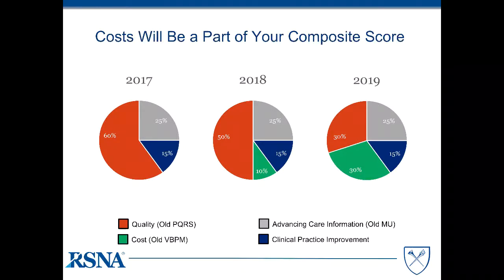This is where the incentives from broader policy initiatives will increasingly come into play. In the past, the value-based modifier, a measure of a physician's cost of caring for patients, impacted his or her take-home pay in only a negligible manner, and it didn't impact radiologists at all. But with MIPS now coming into play, as you now know from prior modules, costs will soon make up almost a third of most physicians' composite scores, as you see here in green over time.